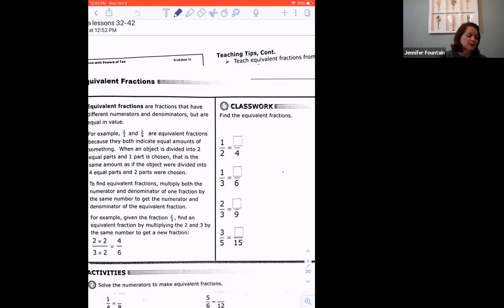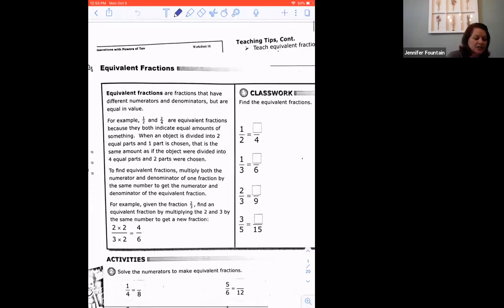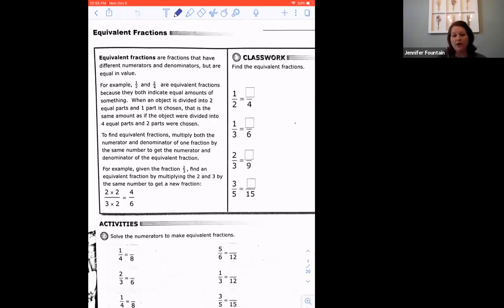In this section, we're going to be talking about equivalent fractions. I can find equivalent fractions by multiplying the numerator and denominator by the same number. It says equivalent fractions are fractions that have different numerators and denominators but are equal in value. For example, 1/2 and 2/4 are equivalent fractions because they both indicate equal amounts of something.